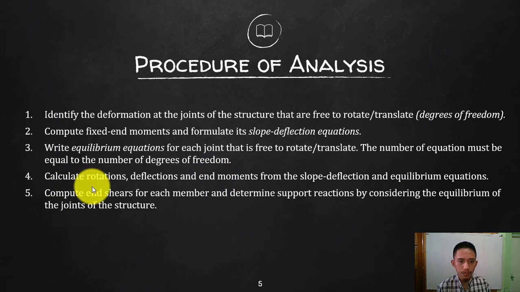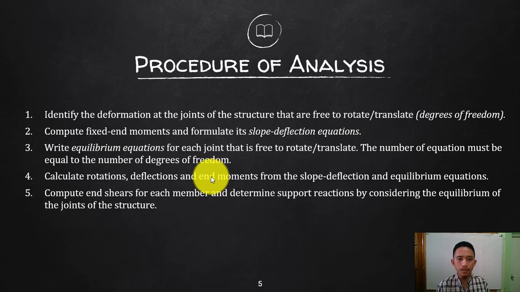And once you have your end moments, because this is what we are after here, compute now the shear. If we have an end moment, we also have what we call the end shears. Just like recalling your Theory 1, if you cut somewhere within the span of your beam or frame, you will expose there your member moment and member shear. But this moment is already solved.